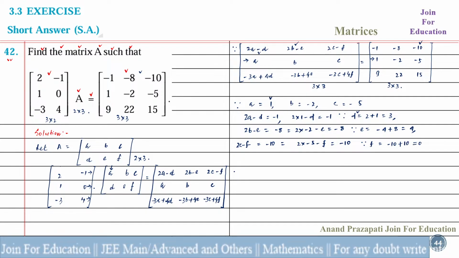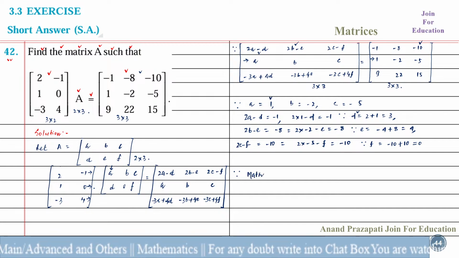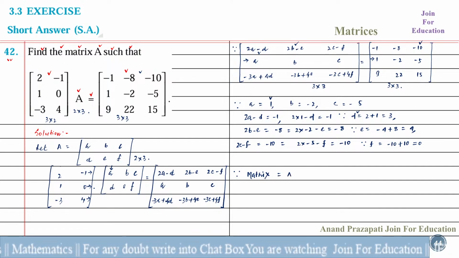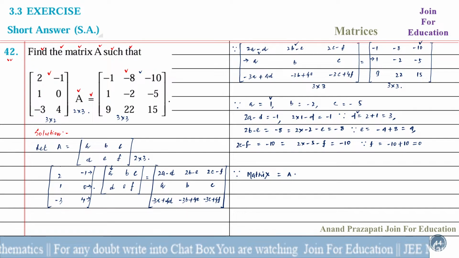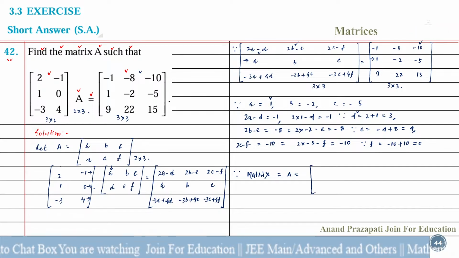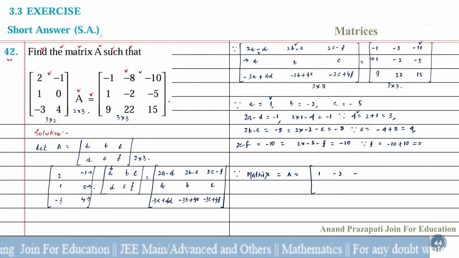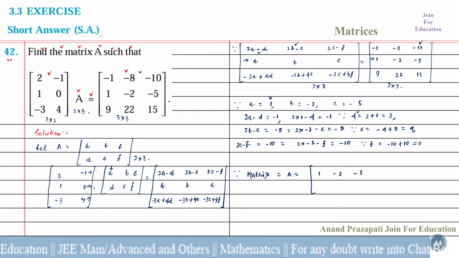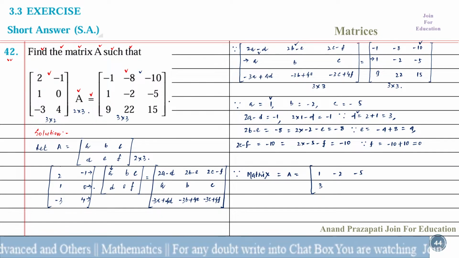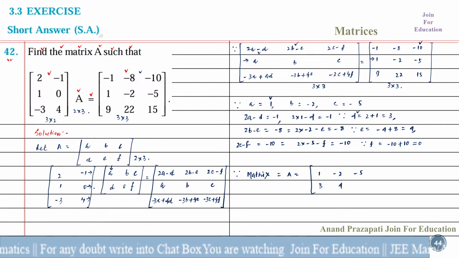Therefore the matrix A equal to [1, minus 2, minus 5; 3, 4, 0], that is a equal to 1, b minus 2, c minus 5, d equal to 3, e equal to 4, and f equal to 0.